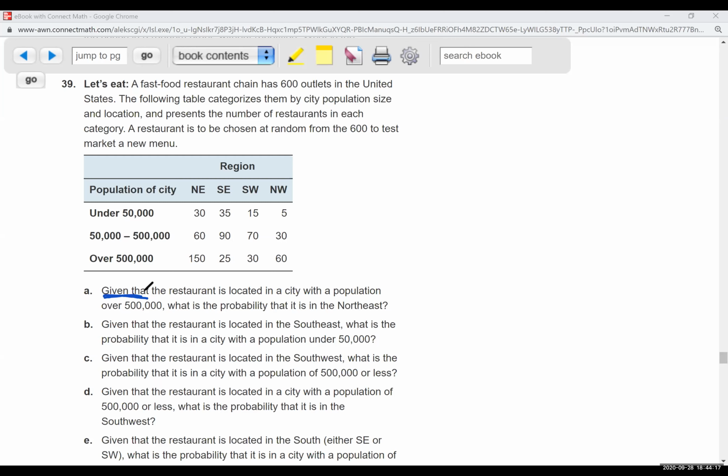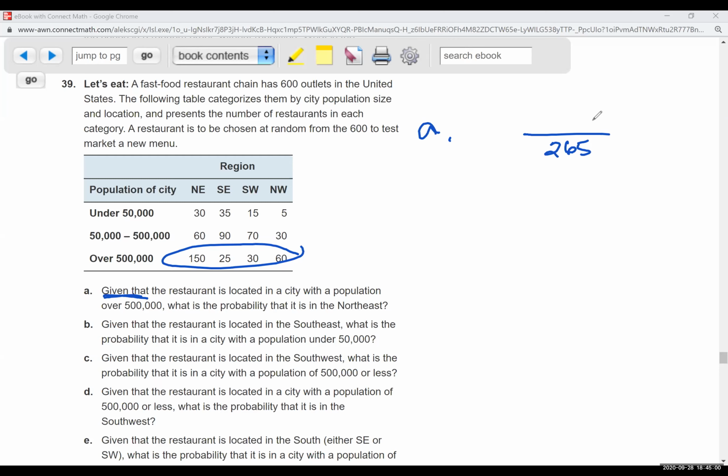Yes, very good. That's going to be your denominator. So given that the population is over 500,000, that's a row, so you just have to get the total of the row over 500,000. So you add 150 plus 25 plus 30 plus 60, which is 265. And what's going to be the numerator?